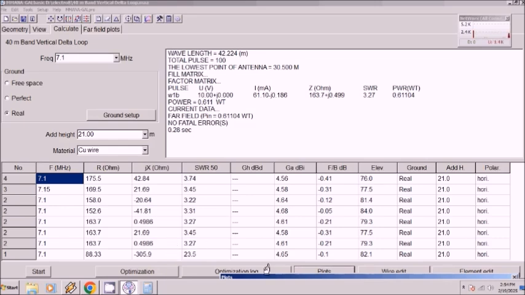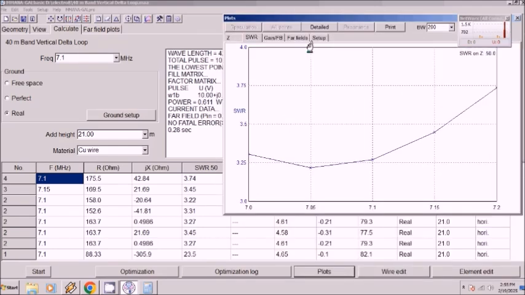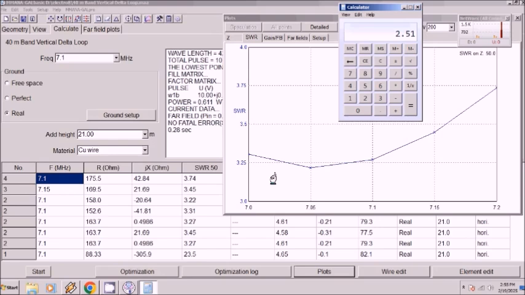If you use the impedance transformer with the ratio of 3.27 to 1, the SWR at the joint between the impedance transformer and the coax will be 3.2 divided by 3.27.